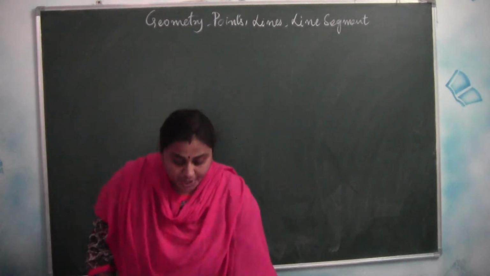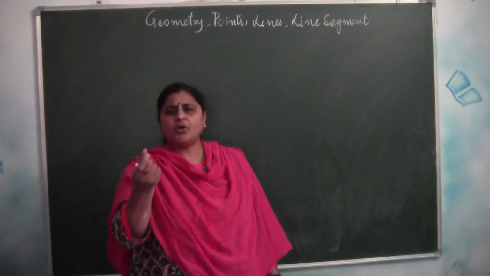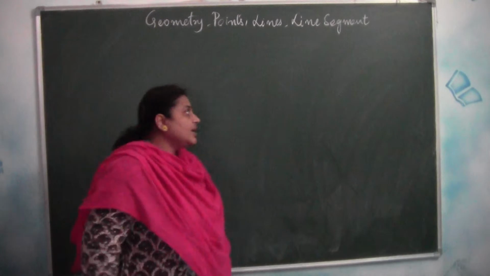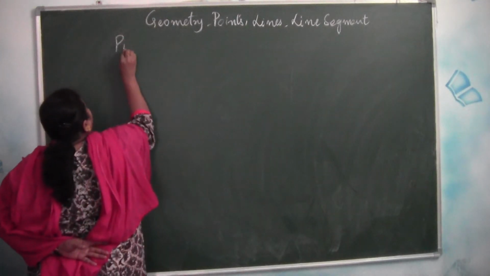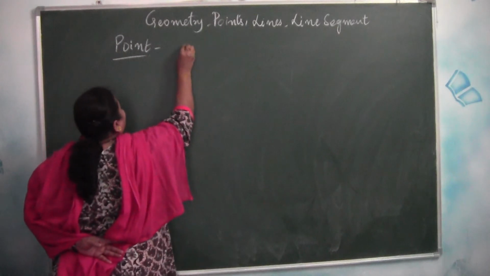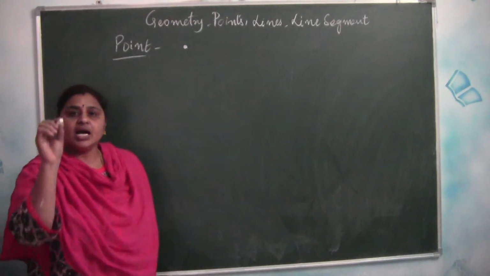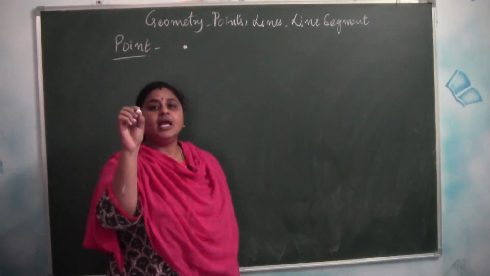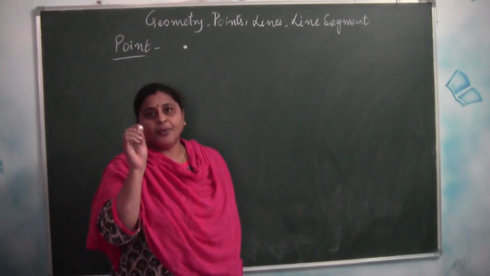Alright, now let us see what we mean by a point. Point, you know very well, right? If I put a point, just a small dot, if you are marking, that is called a point.